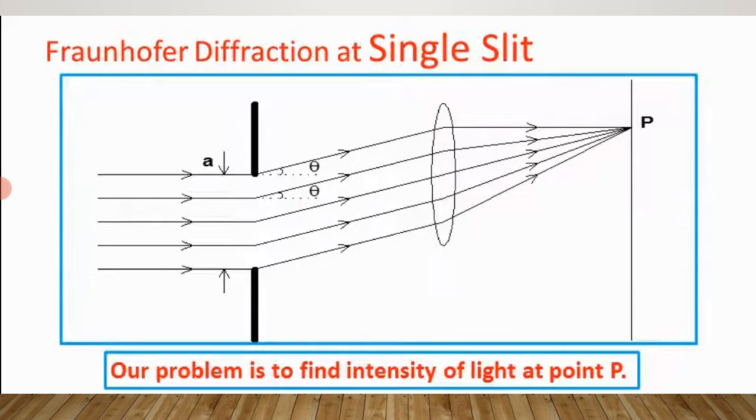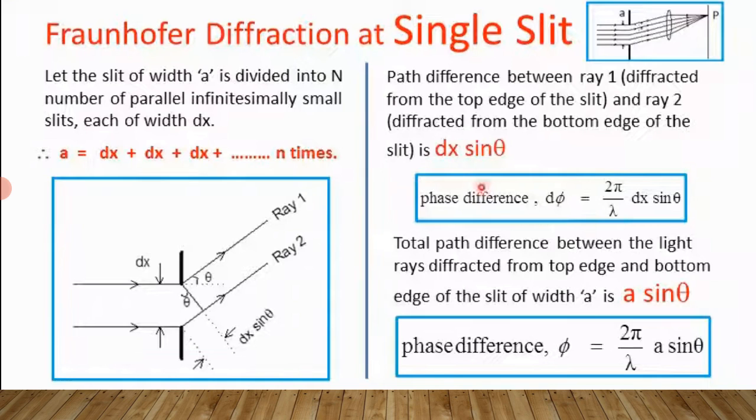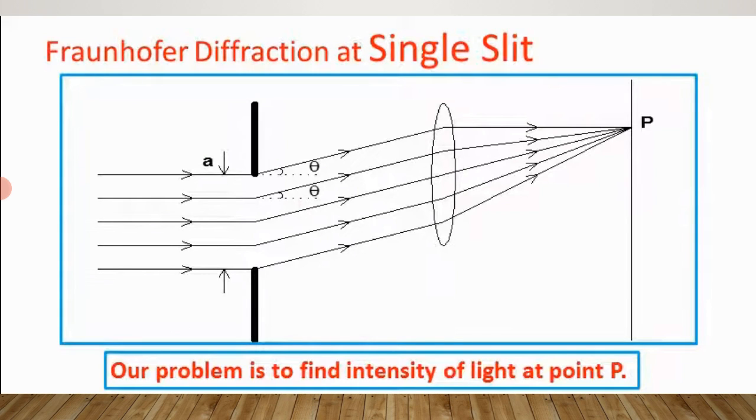On screen you can see one diagram. Our problem is to find the intensity of light at point P. Let a parallel beam of light having wavelength lambda be incident normally on the slit.